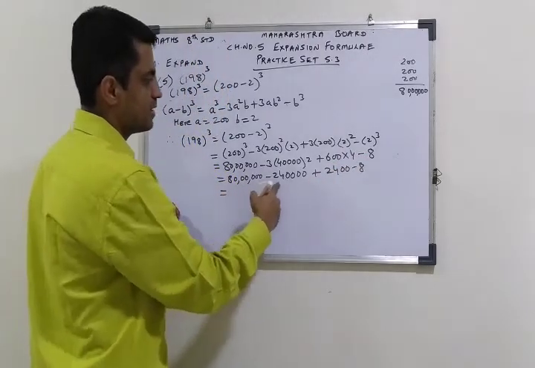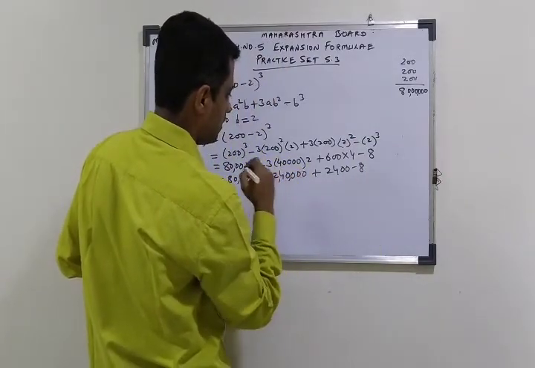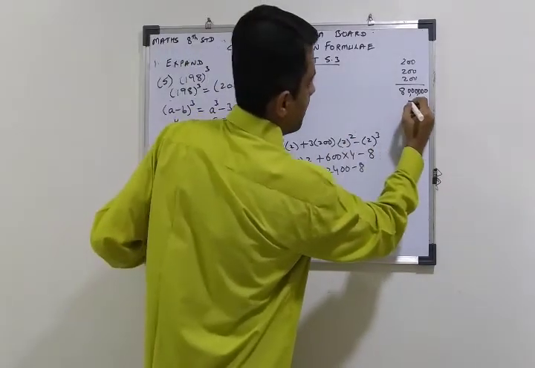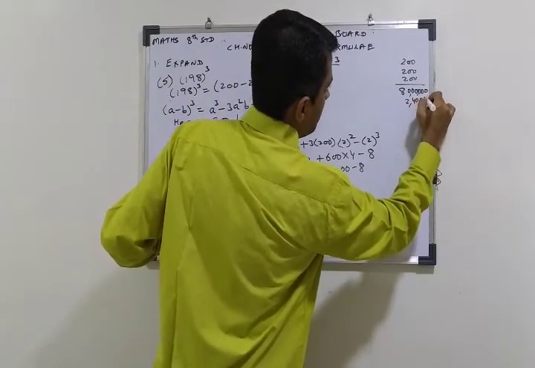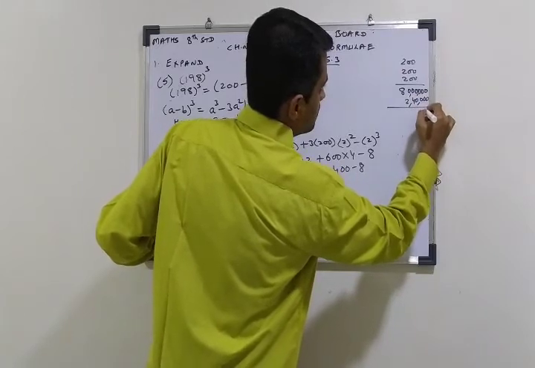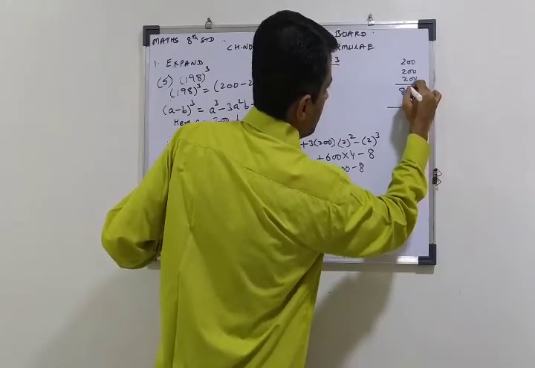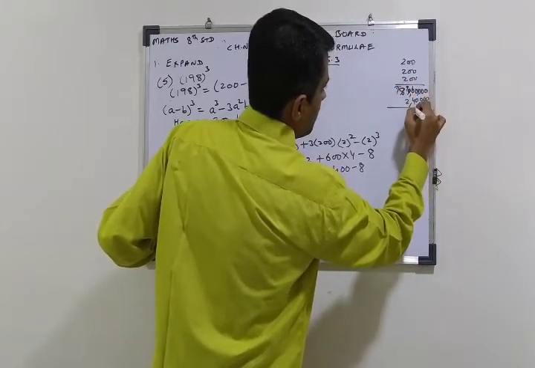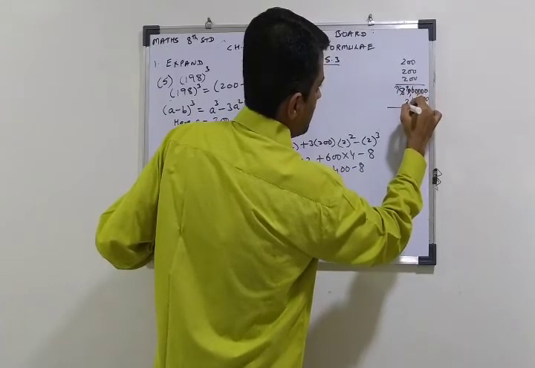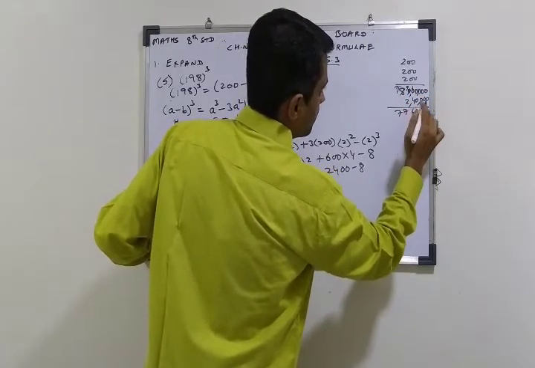Now we'll subtract this. Let us see the 2,40,000. So 2,40,000 we are subtracting here. 0 0 0. Here 0. 10 9 7. 10 minus 4, 6. 9 minus 2, 7. So what we got?